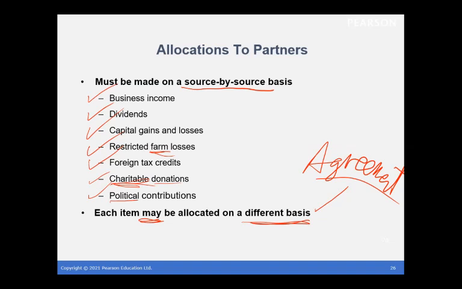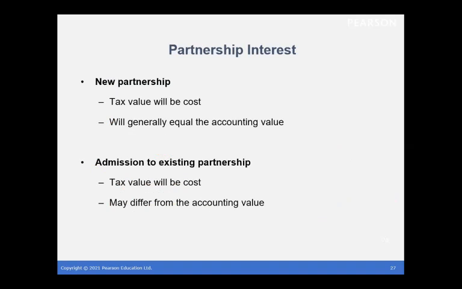That agreement is going to tell you how you're going to do all your calculations. For you guys doing your questions, it's just going to tell you the agreement says such and such. So that's one part of the task here, how to calculate and separate that partnership income.